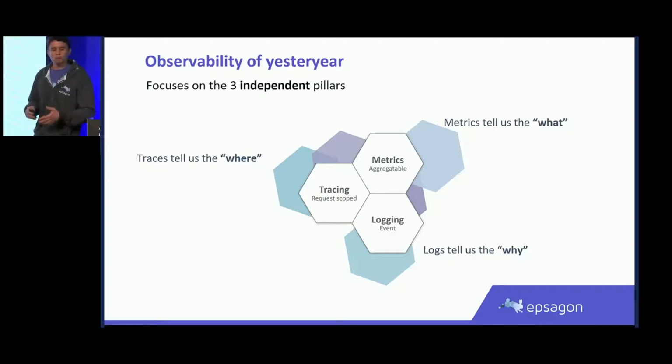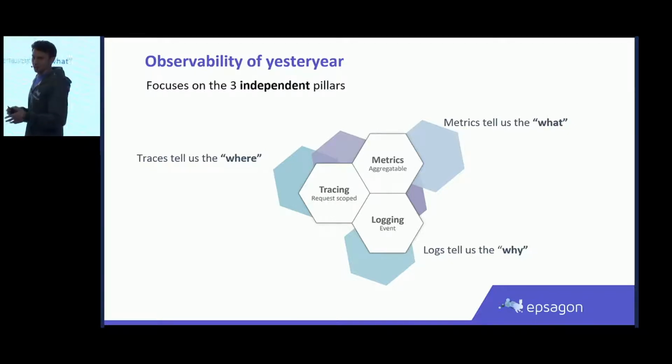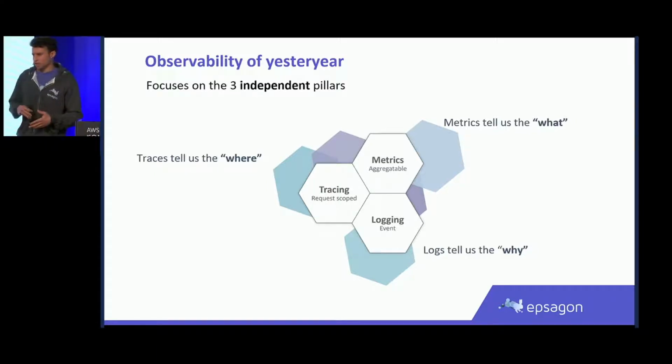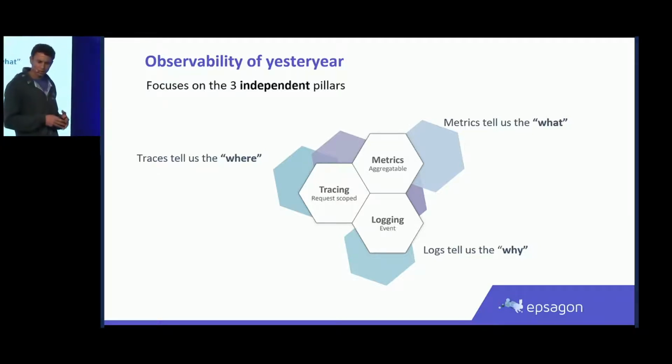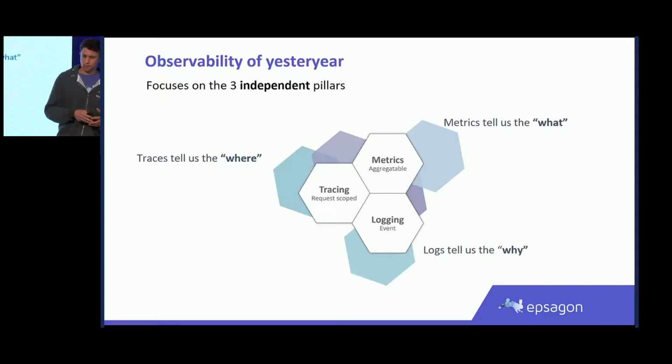So logs will help us figure out why it's happening in that service in a more detailed, more well-defined way. Let's say in our example, there's an error thrown with an invalid coupon ID message in correlation with the 500s of the HTTP server. So we now understand where the problem is and why it is happening.